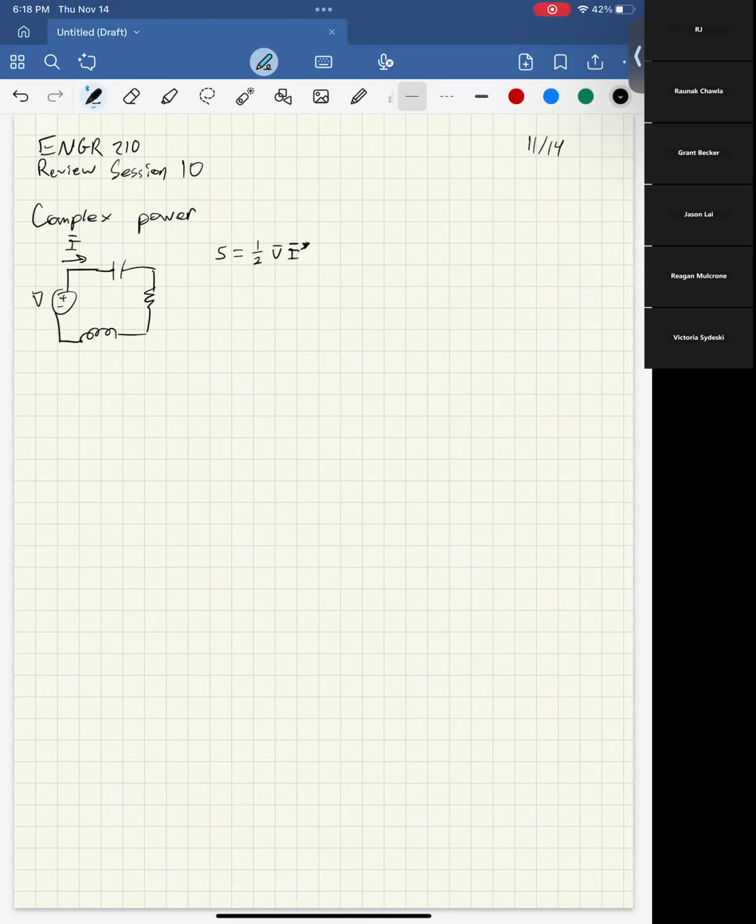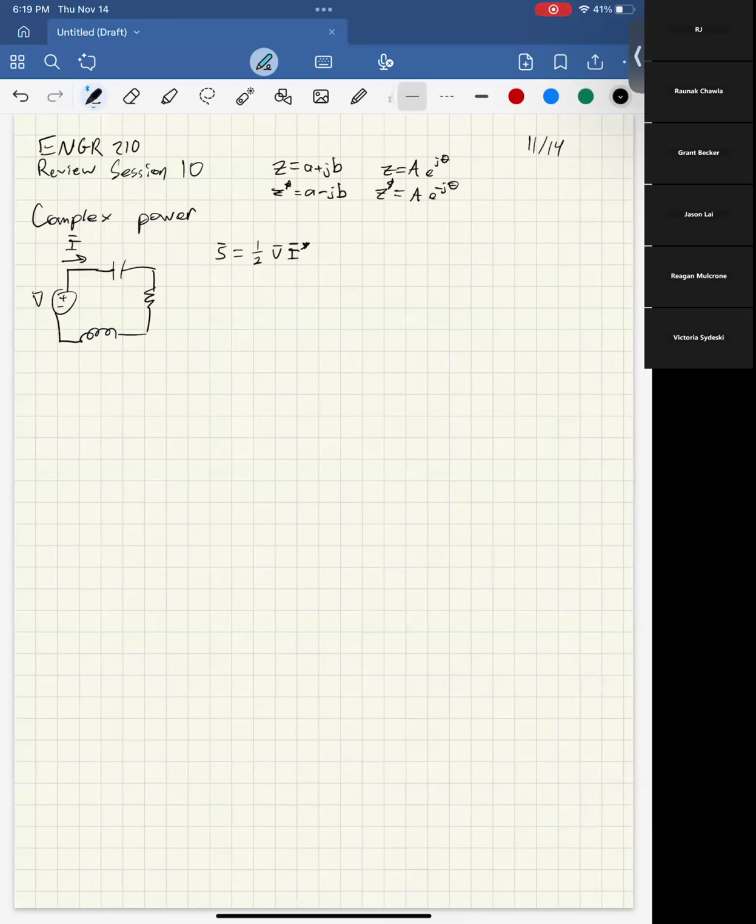If you don't remember, if Z equals a plus jb, then Z star would equal a minus jb. Likewise, if Z equals a e to the j theta, then Z conjugate would be a e to the negative j theta. So don't get that wrong. That should be the easiest part. So this is our basic equation for complex power.